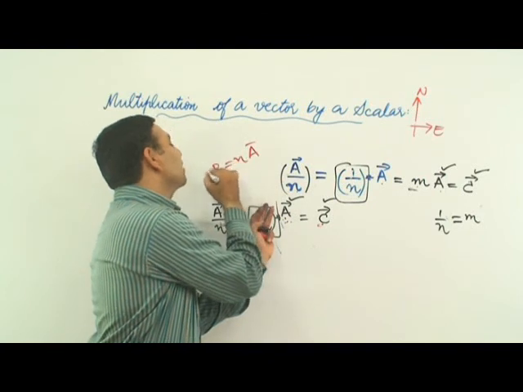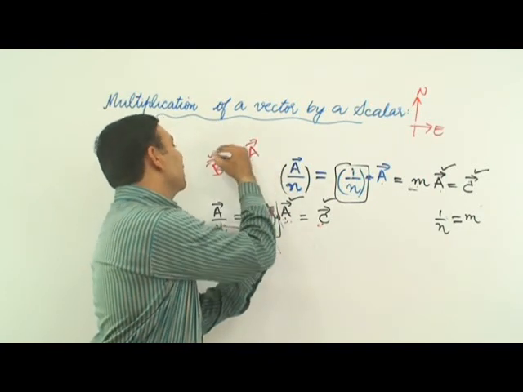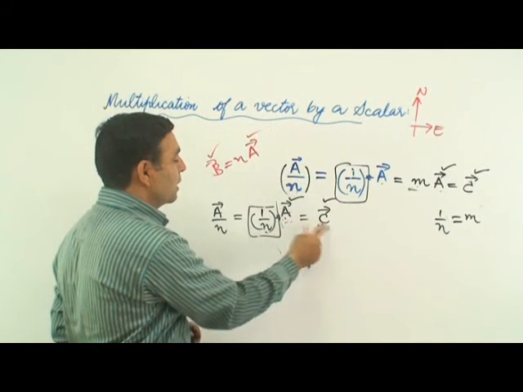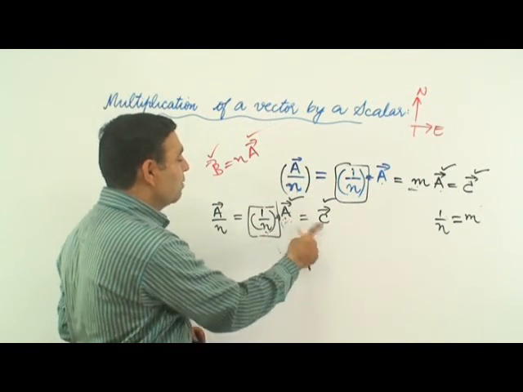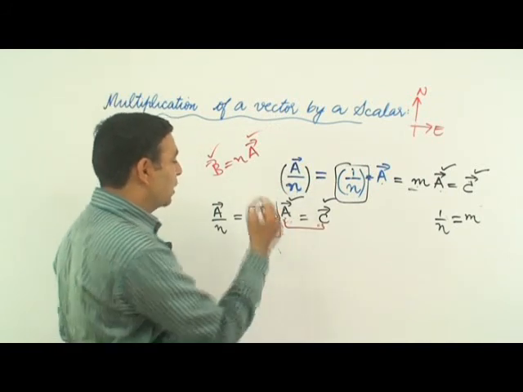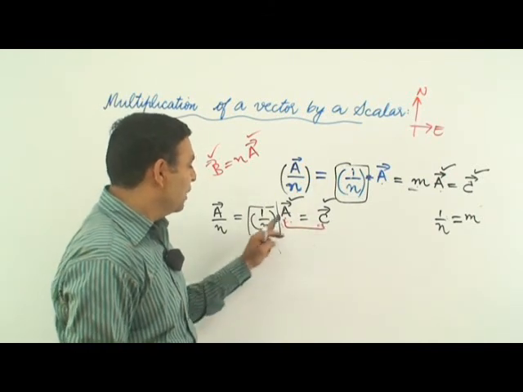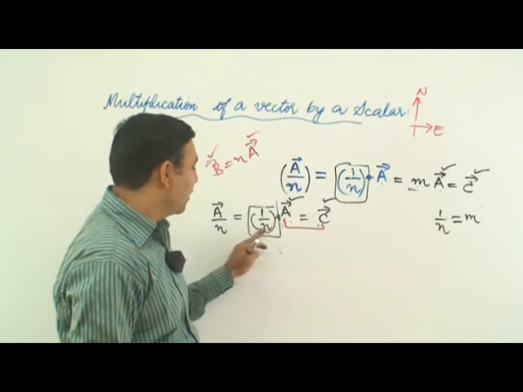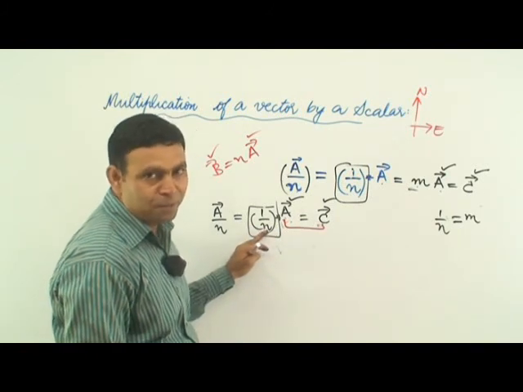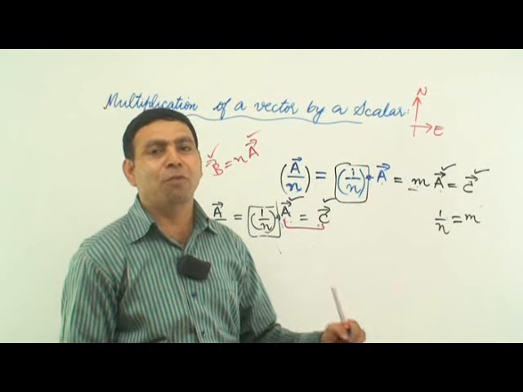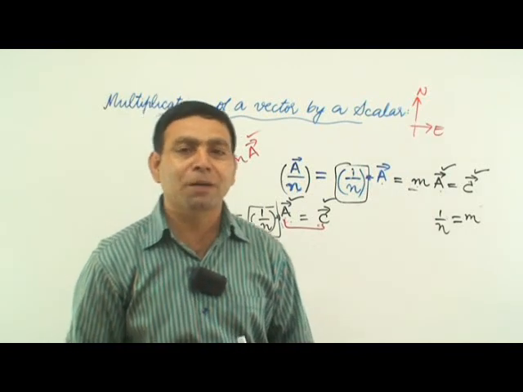But still you end up getting a vector. Both vectors will be in the same direction if n is positive, they will be in opposite direction if n is negative. If n does not have a unit, a and c will have the same unit; if n has a unit, a and c will have different units. Is that clear? With that we have completed multiplication of a vector by scalar and division of a vector by scalar. In both cases you end up getting a vector.